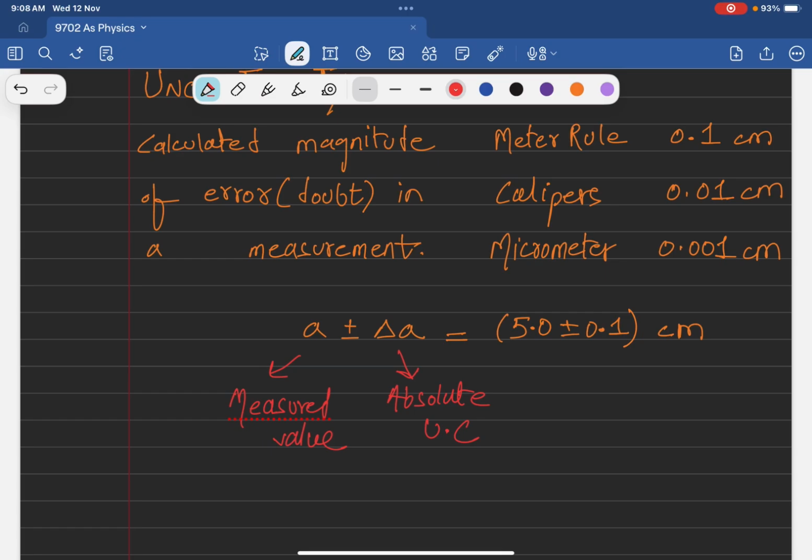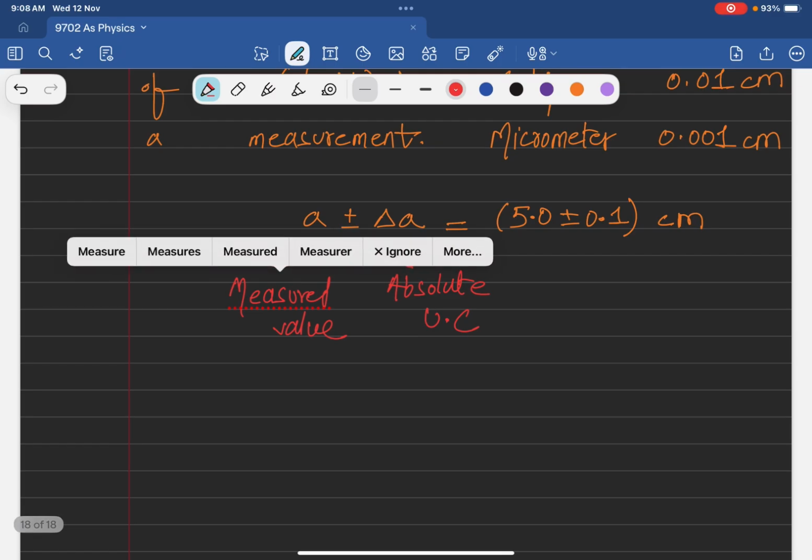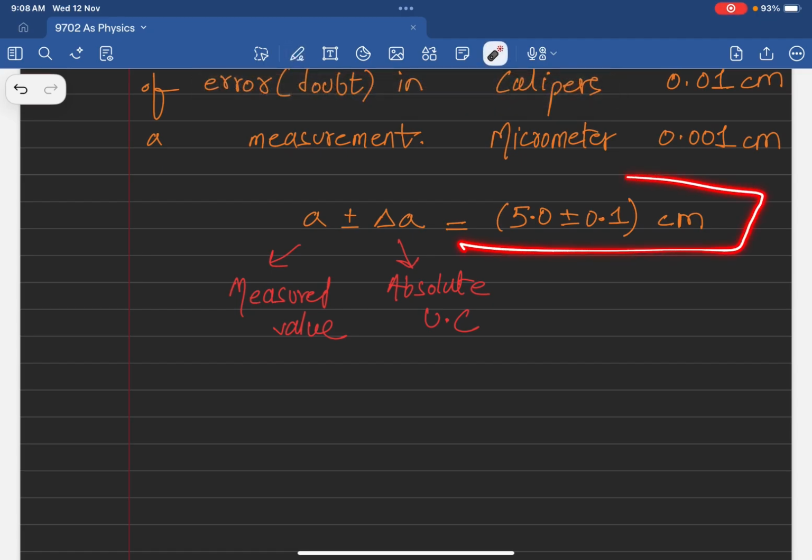It can be the least count of the measuring instrument, or it can be half of the least count of the measuring instrument. It depends under which condition we are doing the measurement, which instruments we are using. So remember this part, that if you are seeing a value like this, you now know what is absolute uncertainty.